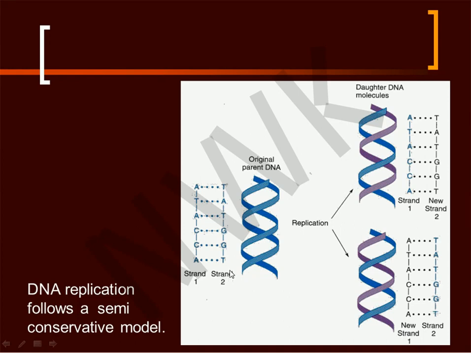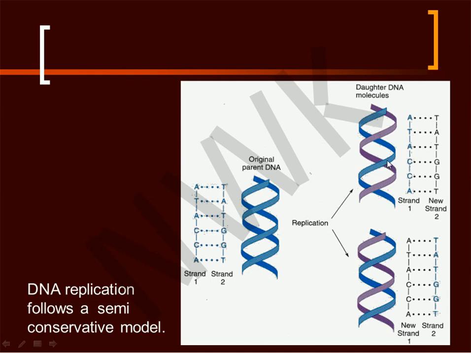During semi-conservative replication, both strand 1 and strand 2, the parental strands, separate to act as templates. The new DNA molecule will form based on the nitrogenous base sequence in the parental strand. From here, the nitrogenous bases can be linked together, forming the newly synthesized strand.